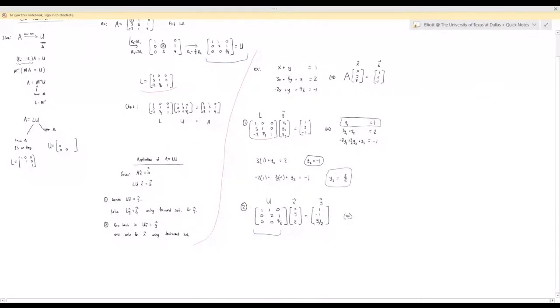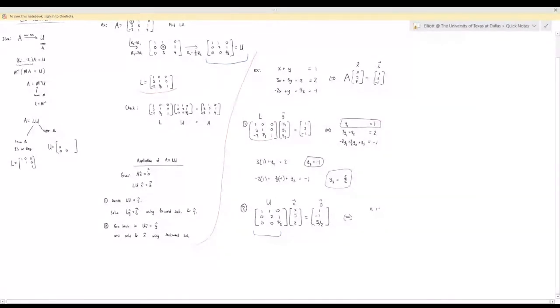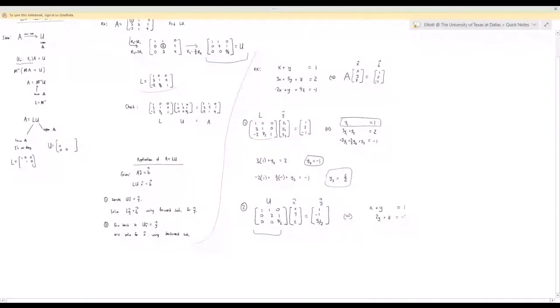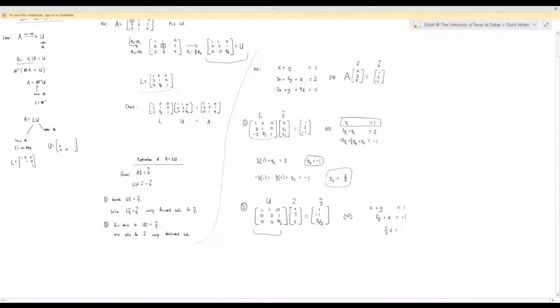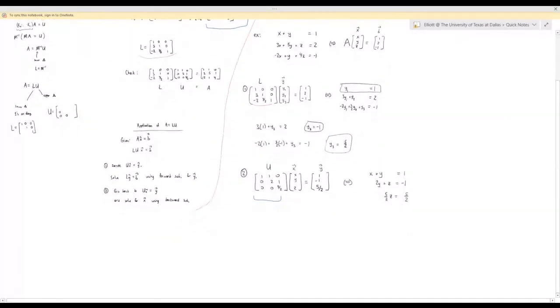If we convert this into a system of equations, you have 1x plus 1y is 1. 2y plus 1z is -1. And then we have 5 halves z equals 5 halves. Because this is an upper triangular system, you can solve by doing backward substitution.